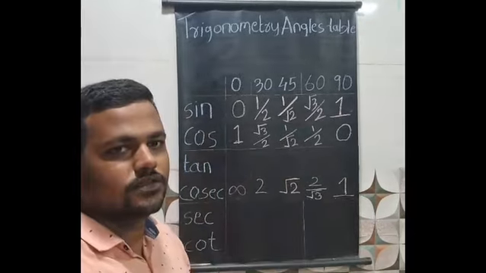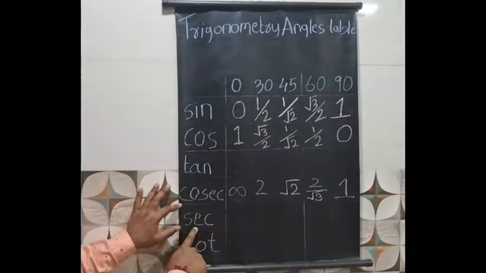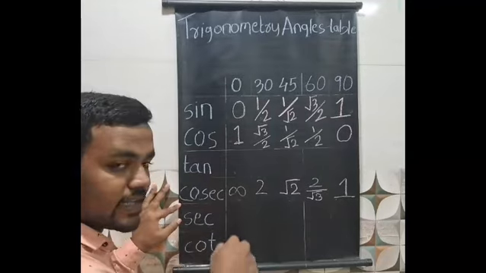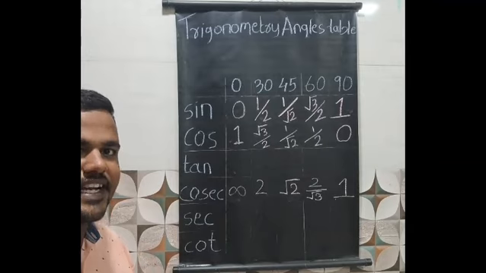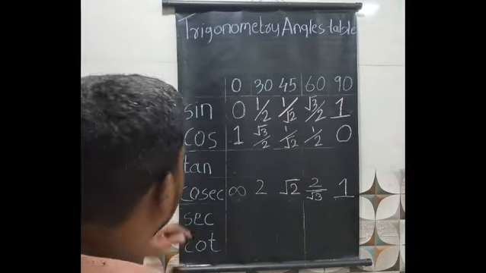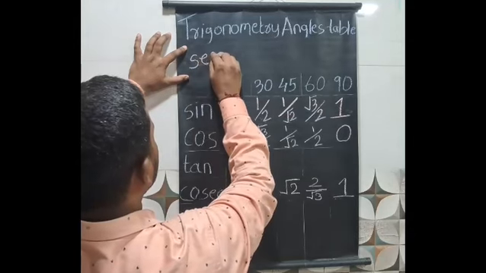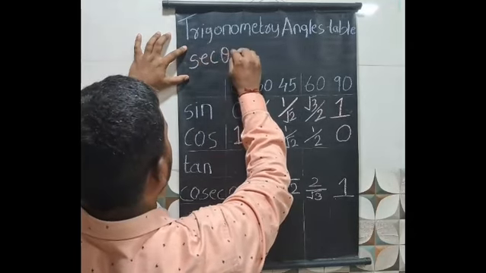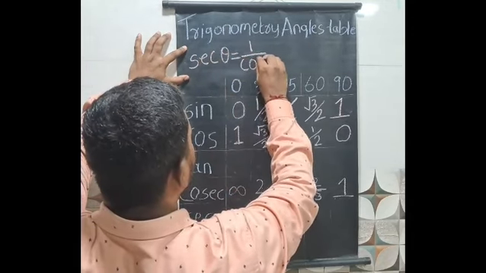Okay, so moving forward with the sec ratio. If you remember, in the previous video we used the trigonometric reciprocal identity, so we are going to use the same thing. We can write it simply as sec theta is 1 upon cos theta.